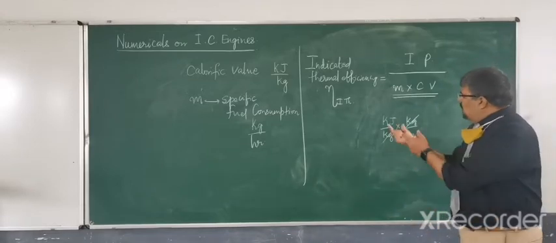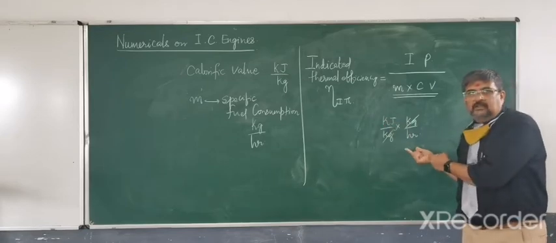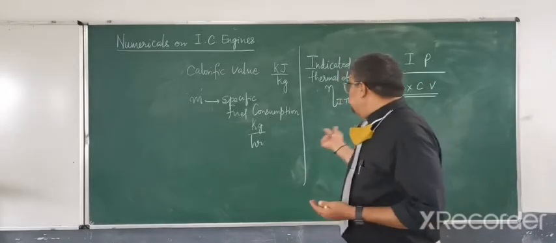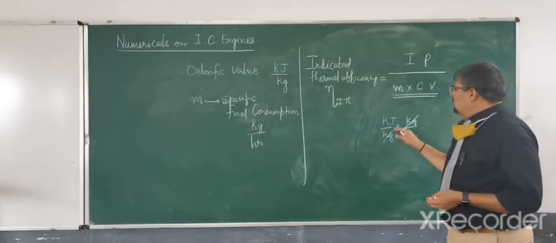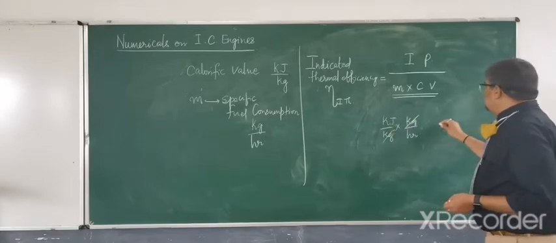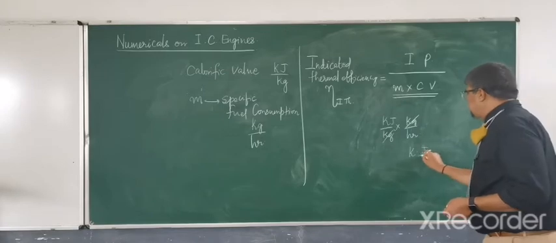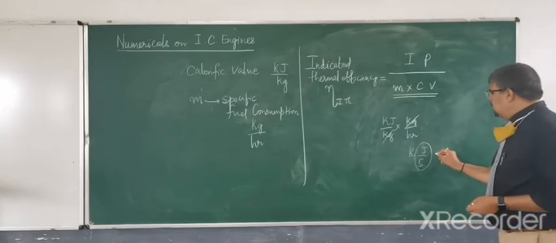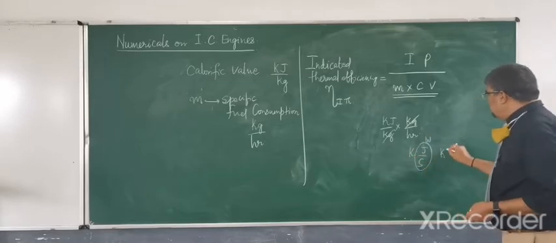Now how can I convert this kilojoules per hour into kilojoules per second? Obviously I have to divide the entire thing by 3600. Once I do that, I get kilojoules per second, and joule per second is nothing but watt only. So the units will finally become kilowatt.